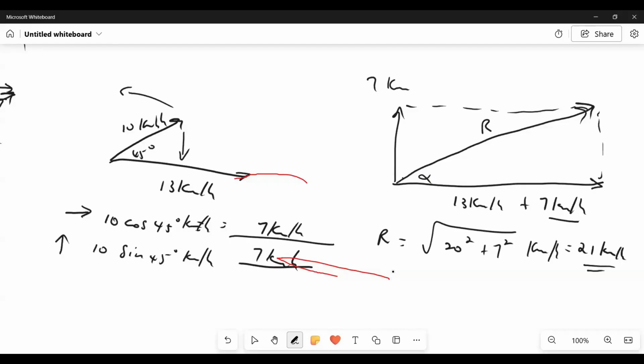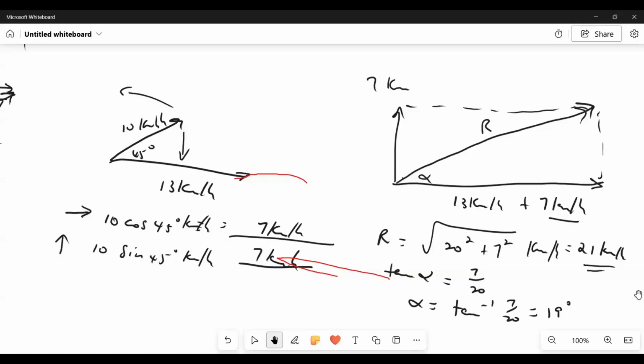So that angle is going to be, tan of alpha will be 7 over 20. So alpha is going to be tan inverse of 7 over 20. How much is that? Sir, 19 degrees. 19 degrees, right?